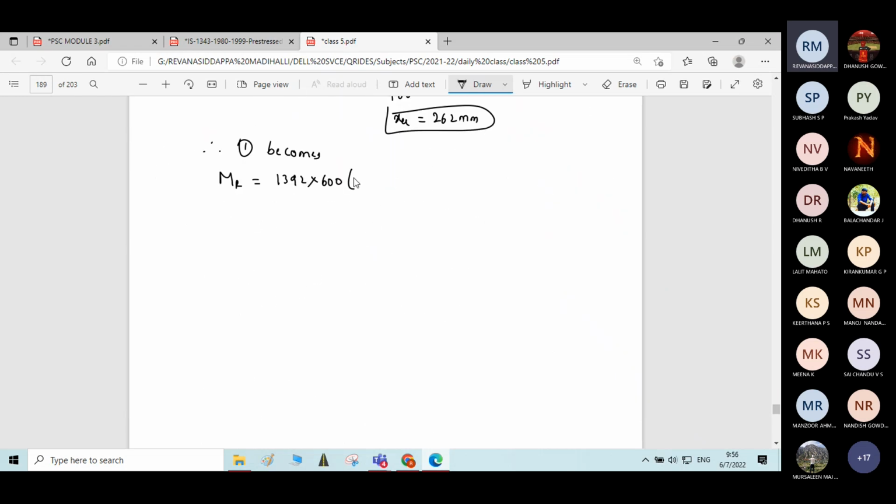D is the effective depth, 400, minus 0.42 into XU, 262 mm. By this we get the moment of resistance, MU. We get the answer as 242.17 into 10 power 6 Newton millimeter, or MR is equal to 242.17 kilonewton meter.